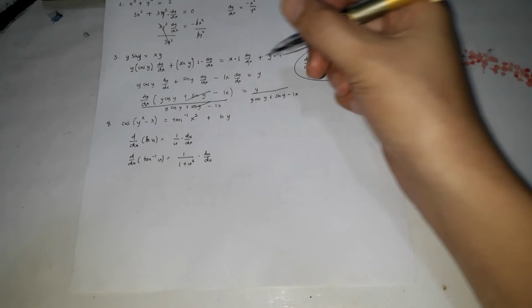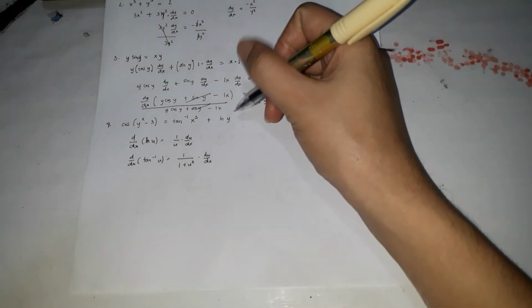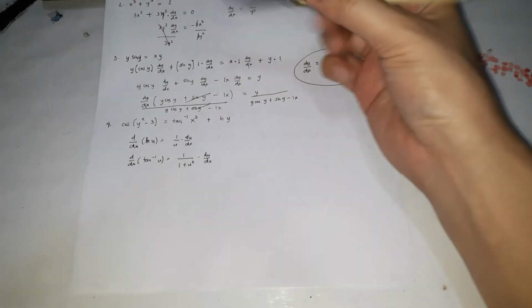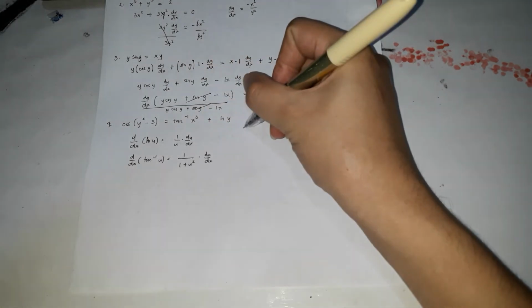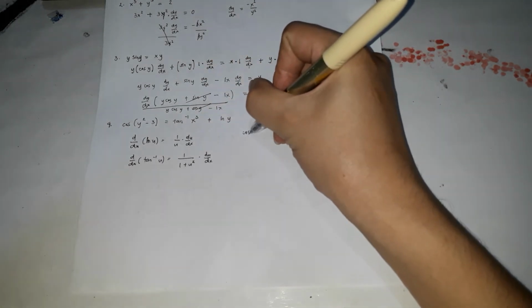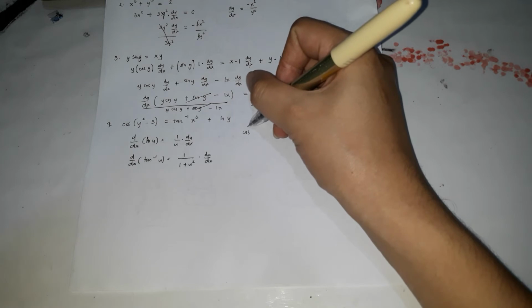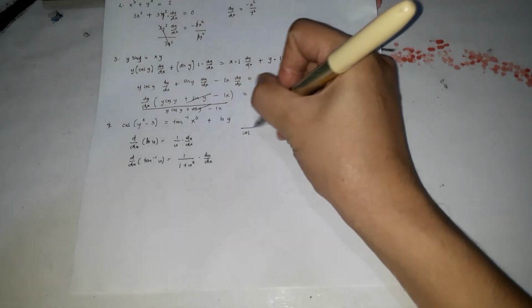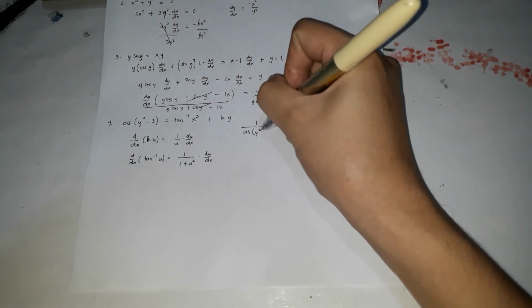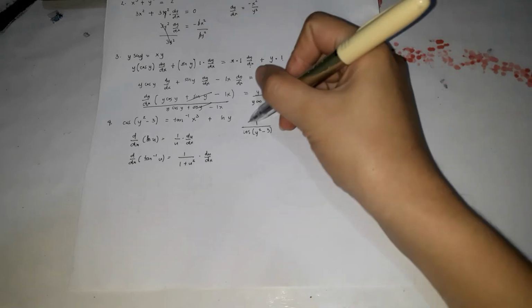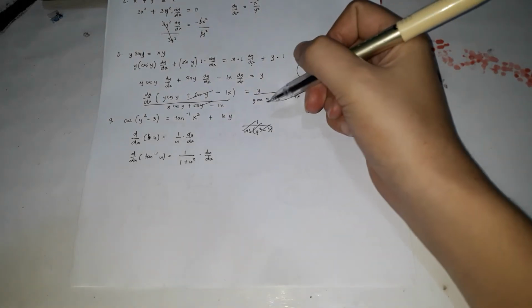For number 4, implicit differentiation, hanapin yung derivative nito. Ang derivative nito is 1 over cosine y squared minus 3 times, ay, bakit maging ganyan? Sorry. Ganito pala derivative niya.